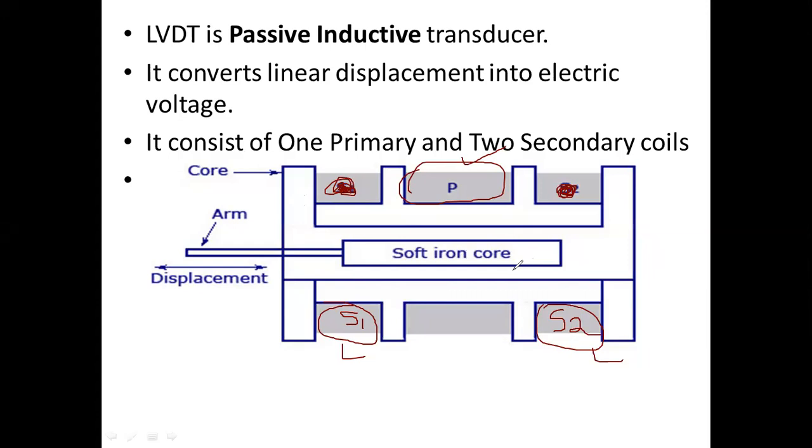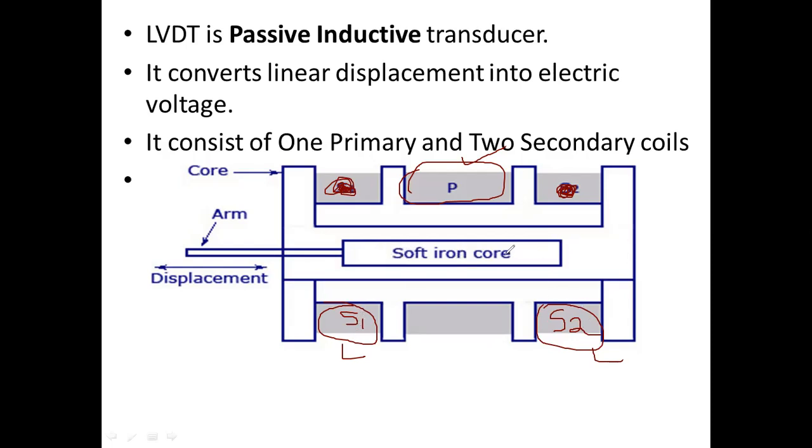So in that situation, what will happen? This iron core is at the center. You think that this flux linkage will be through this iron core only. Through the iron core, the flux links to the secondary winding.